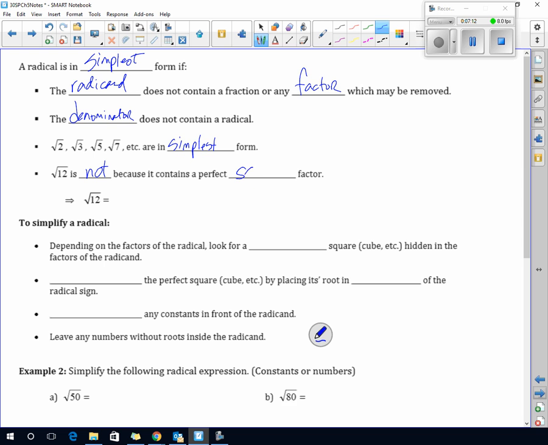And then we simplify root 4 to be 2, and then we keep the radical attached. Remember doing that? Okay, so depending on the index of the radical, look for a perfect square or a perfect cube or a perfect fourth, etc., hidden in the factors of the radicand.